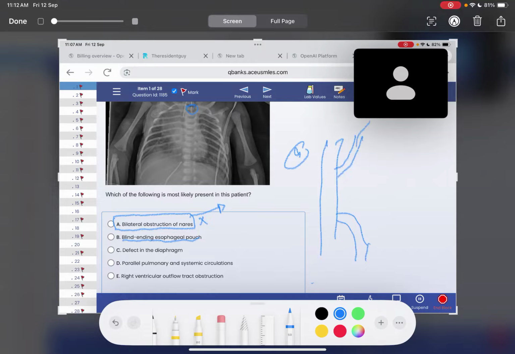So whenever you put a tube in, it will go into the trachea, and this will also lead to bubbles being present, and third there will be aspiration pneumonia over here. It's a very rare cause, but the most common cause is esophageal atresia with the distal fistula. It is the most common type.